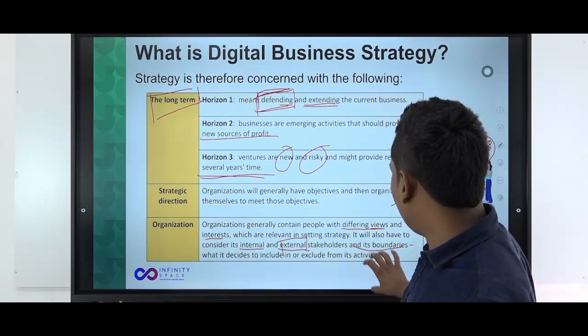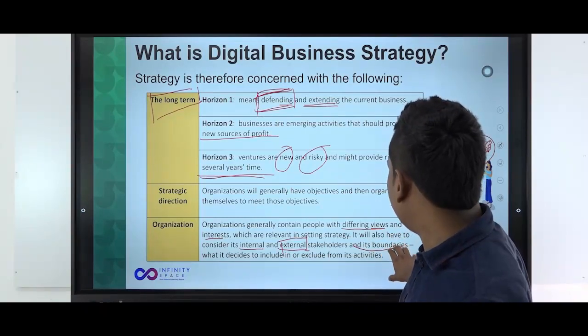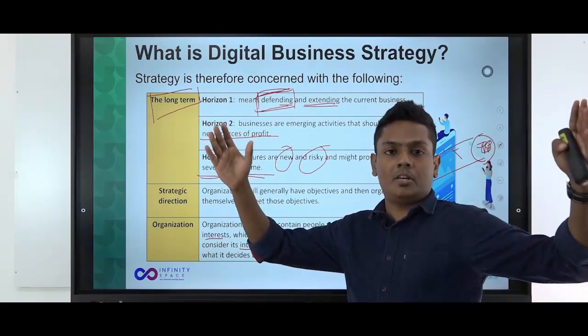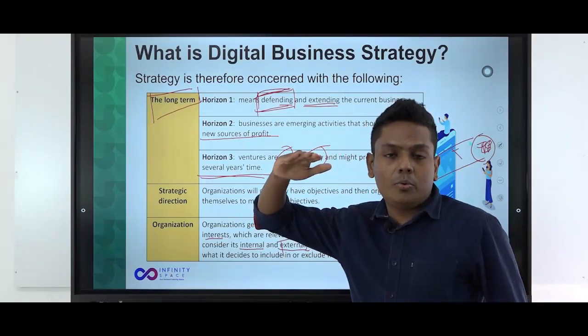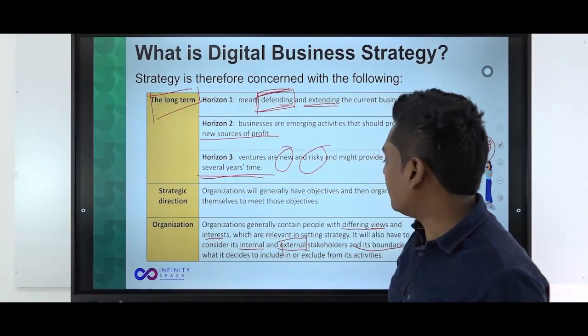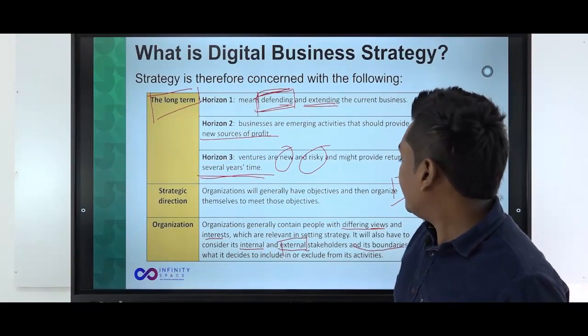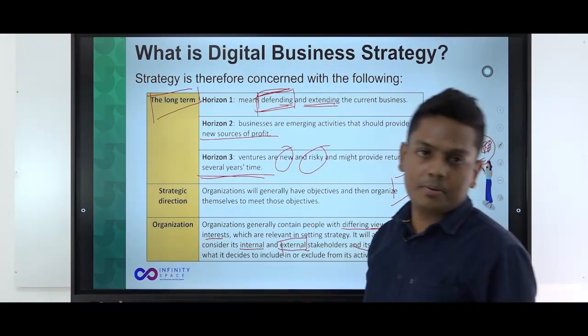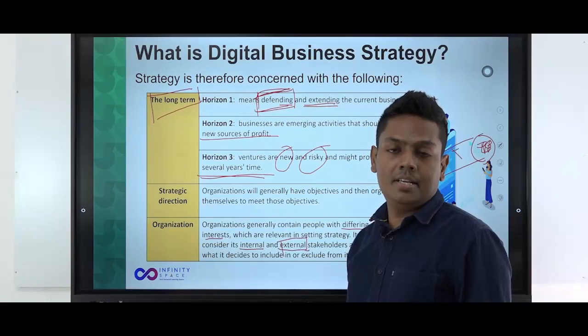And its boundaries. In terms of organization, they need to have an understanding about the boundaries. What is the framework? What is the limit that they can go to? They need to understand and decide what is to be included or what is to be excluded from the activities. That is a very, very important thing for an organization.